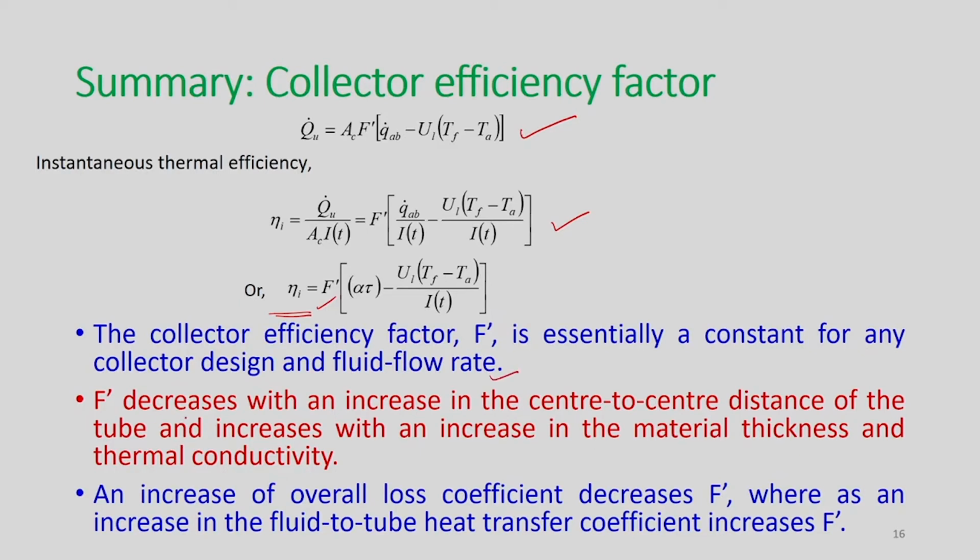This collector efficiency factor decreases with an increase in the center to center distance of the tube and increases with an increase in the material thickness and thermal conductivity, okay. An increase of overall loss coefficient decreases F dash, whereas an increase in the fluid to tube heat transfer coefficient increases F dash, okay. So these are very important observations. So we should keep in mind why actually F dash is very important as far as design of a flat plate collector is concerned.